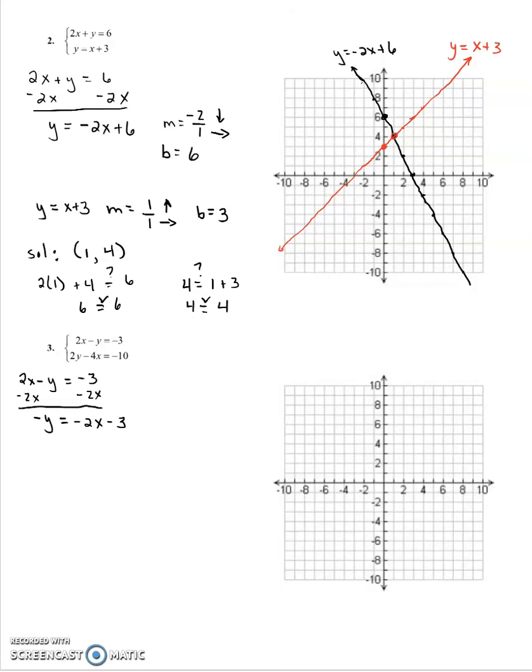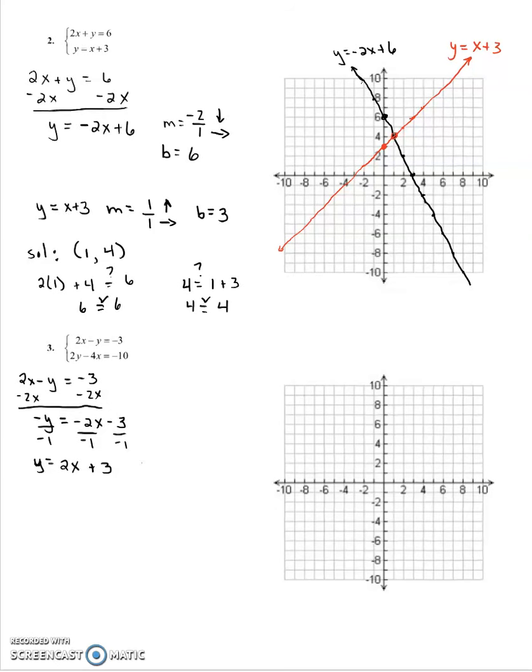And we need to not have a negative y there. So we're essentially dividing everything by a negative 1. So that means we have y equals negative 2 divided by negative 1 is positive 2. And the same thing with the negative 3 and the 1. So we get y equals 2x plus 3.